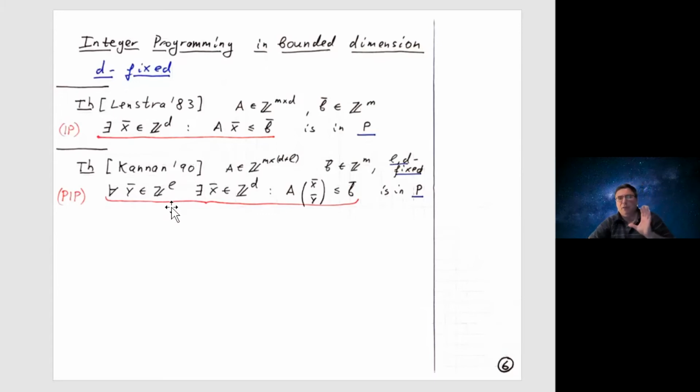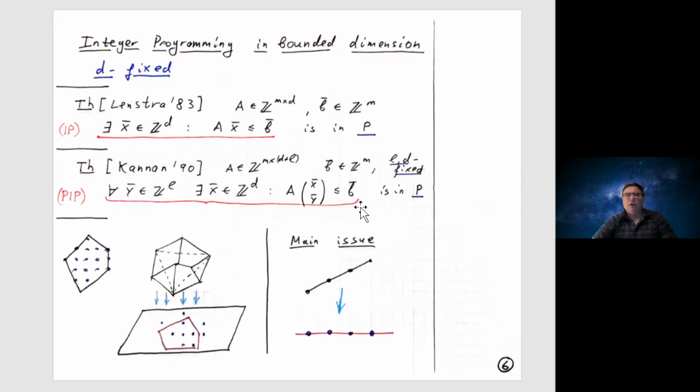And bear with me, I'm going to explain what I mean by that. What he's saying is when all the dimensions L and D are fixed, this M still does not have to be fixed. This problem is still in P. This is a decision problem whether for all y there exists x so that there exists a solution.